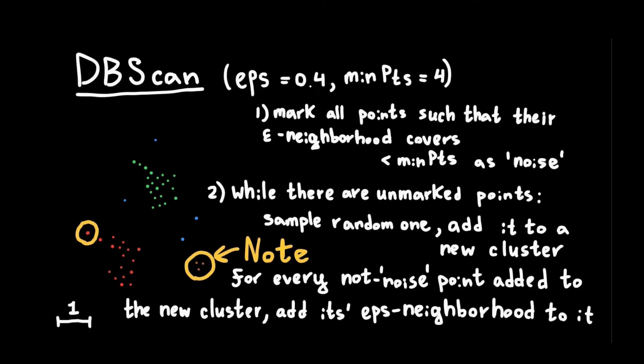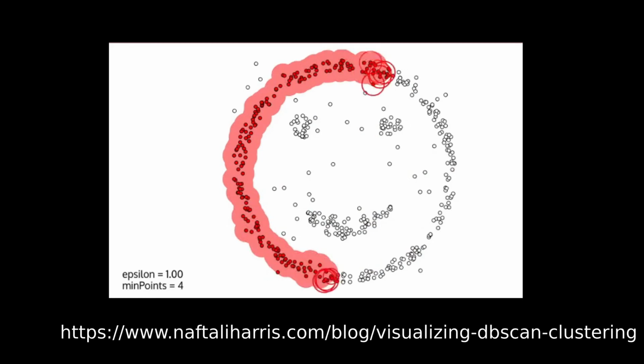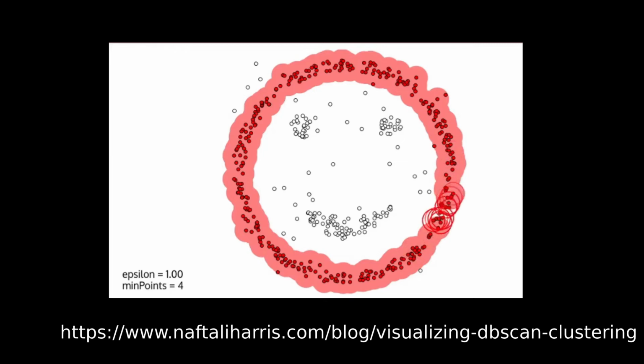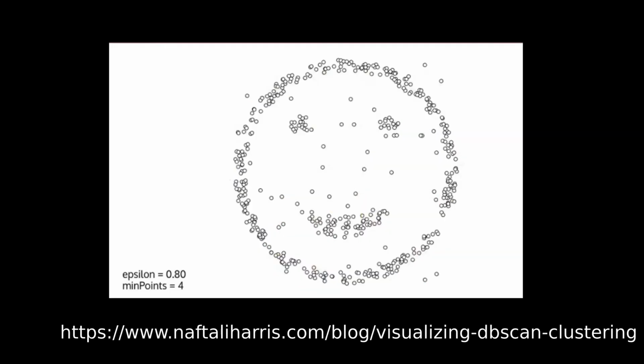Let's see a visualization of DBScan at work. How will decreasing epsilon while leaving min_pts the same change the flow of DBScan?